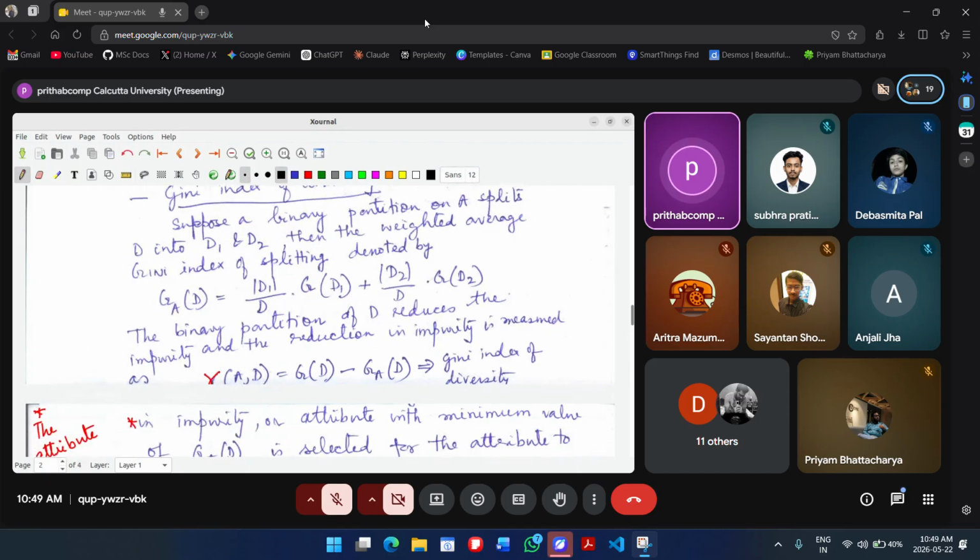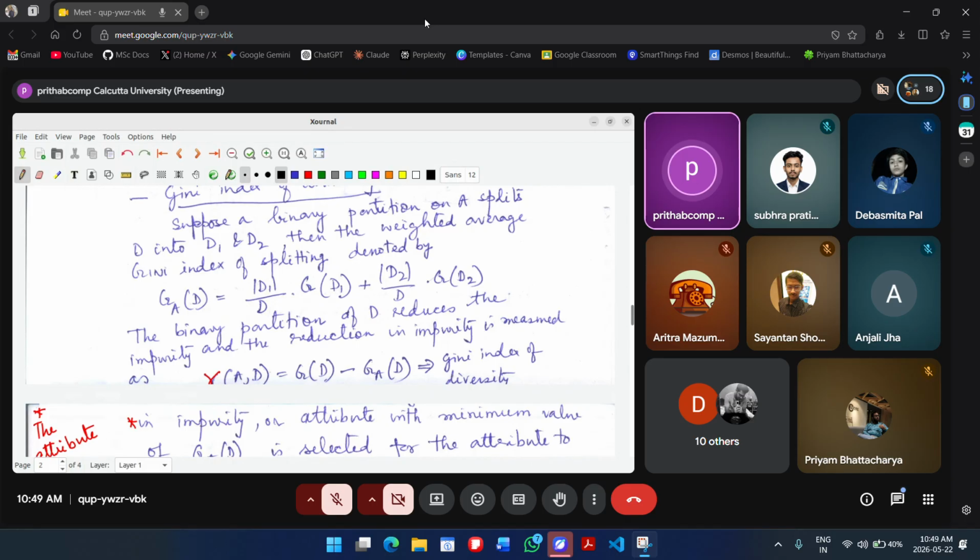Okay. So, essentially, with this Gini index also, we are doing partitioning, binary partitioning. Suppose a binary partition on A splits this D into two sets, D1 and D2.